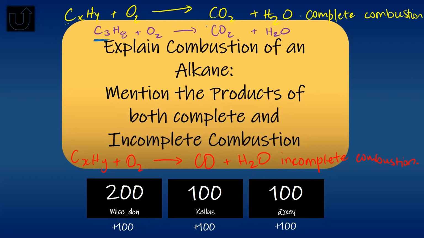I have 10 oxygens on this side, and 6 plus 4 is 10 on the other. So there should be a 10 in front of O2 on the reactant side, a 3 in front of CO2, and a 4 in front of H2O. Very good.